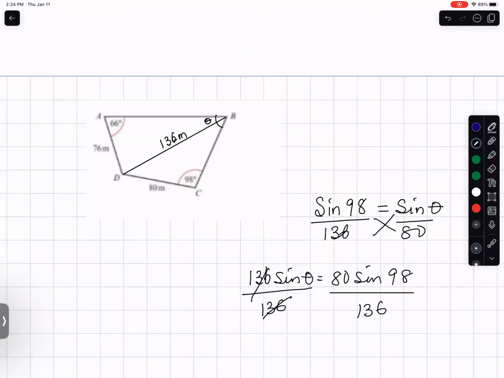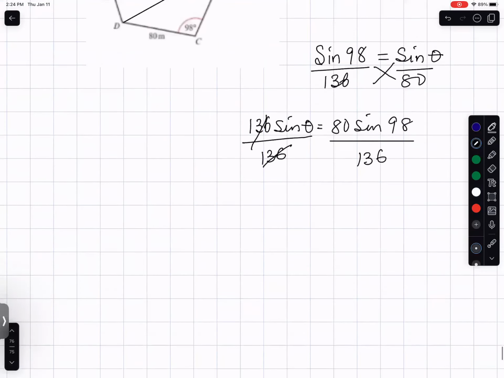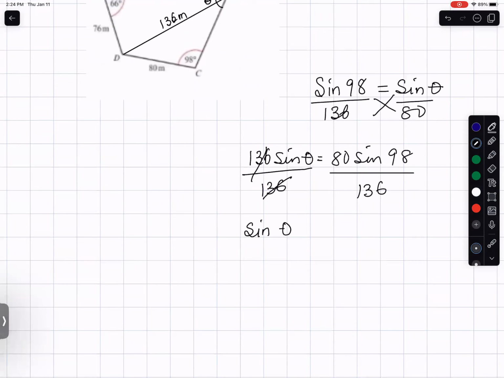So we have sine theta equals 80 sine 98 divided by 136. 80 sine 98 divided by 136 gives us 0.5825.